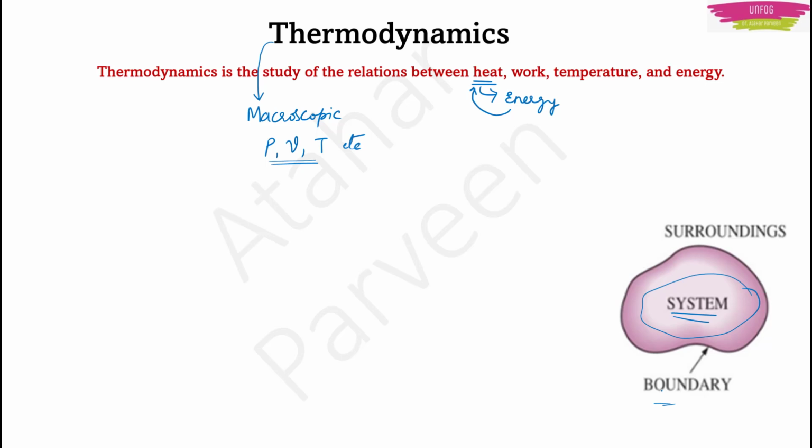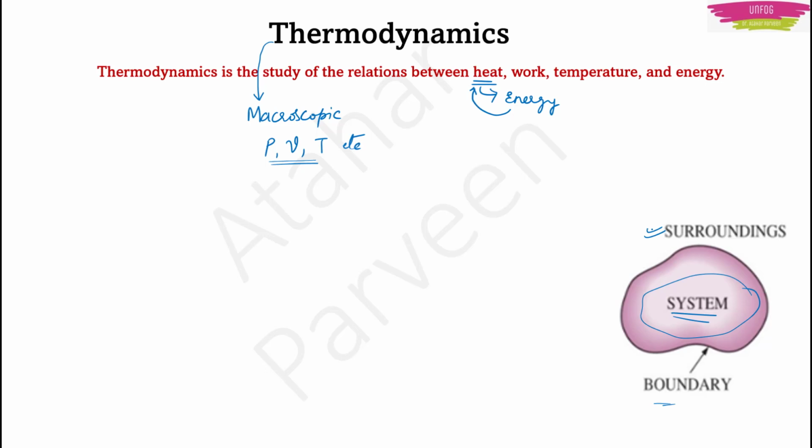The speciality of these boundaries is that energy and mass may enter or leave the system through this boundary. The rest of the portion outside the system is known as the surroundings of that system. These three terms you should know: surroundings, system and boundary. When I say surroundings, I mean everything external to the system.